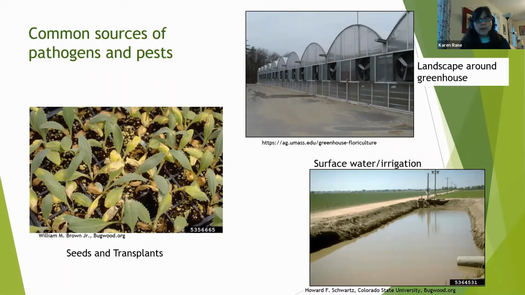And there are things like Pythium and Phytophthora that can actually survive in water, in ponds, and if you're using a recirculating system, can recirculate through the entire production facility and really cause a lot of significant damage. So many commercial greenhouse growers who use surface water for irrigation will treat that water first, either through sand filtration or UV treatment. Sometimes they add chlorine type products to it to help manage the microbes that might come into that irrigation water.